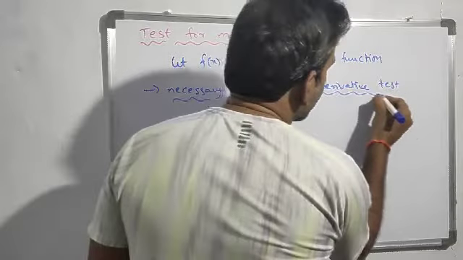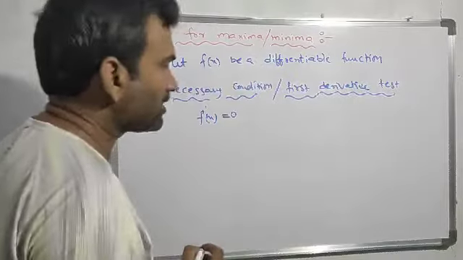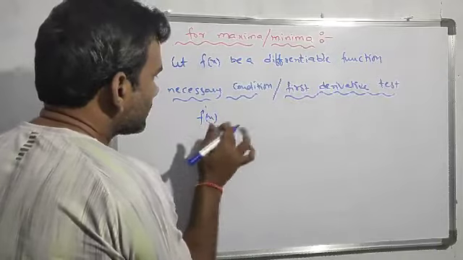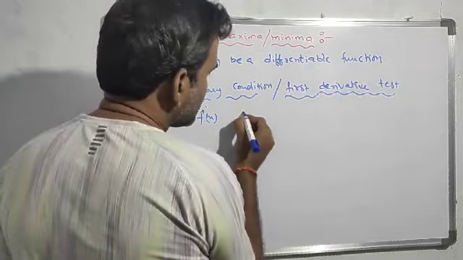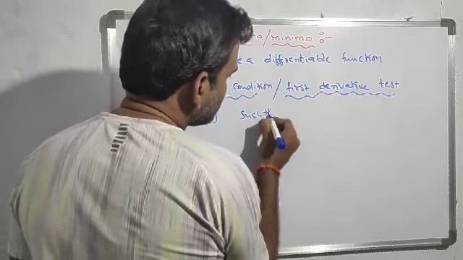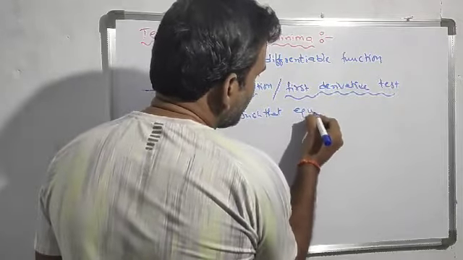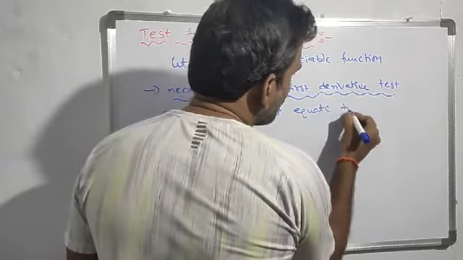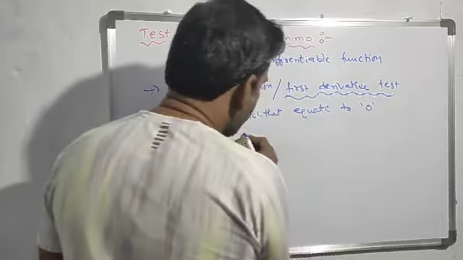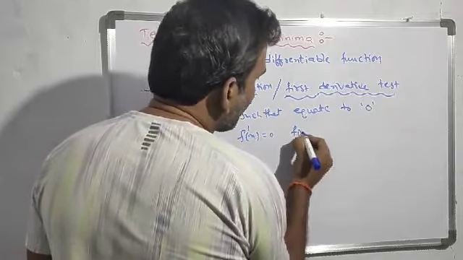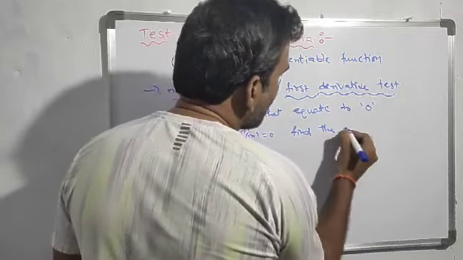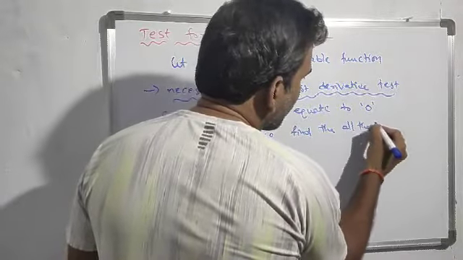In first derivative test, first we have to find f dash of x and equate it to 0. That means f dash of x equal to 0. Find all the values of x.